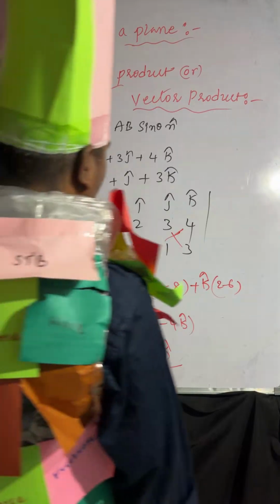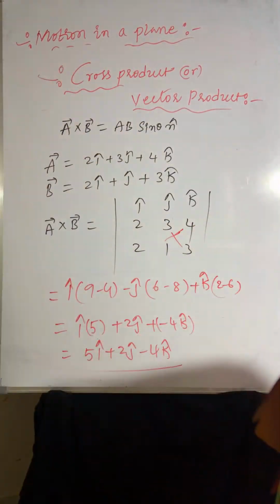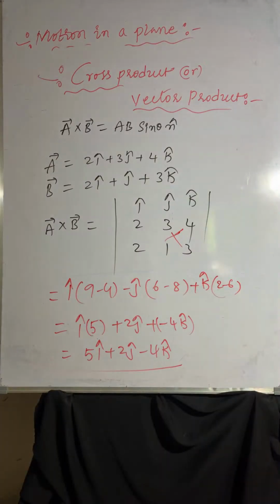So finally you got a vector. That's why it is called a vector product or cross product. Understood or not? I hope it is very clear.